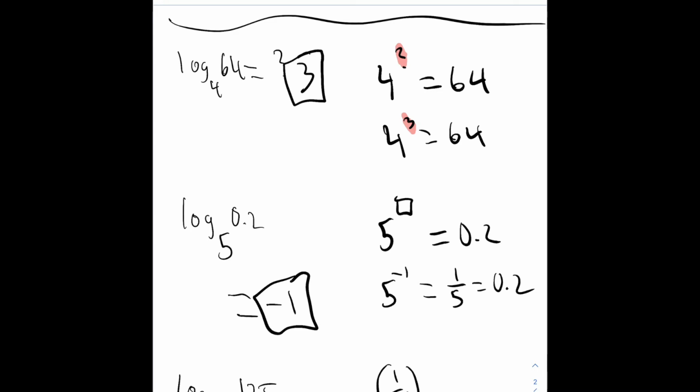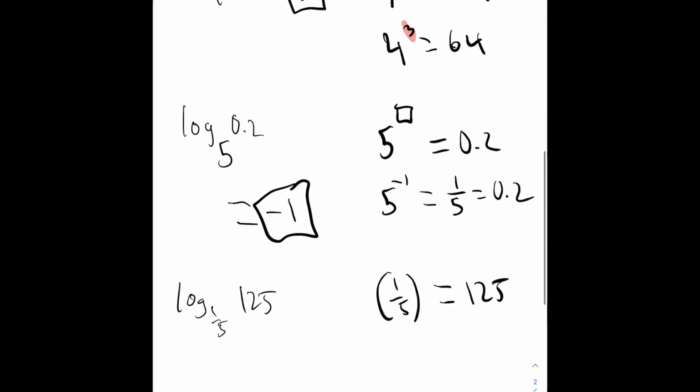Again, thinking what power, if it's 1/5 to what power is going to equal 125. This is that kind of backwards idea where because my answer already is a fraction, I need to use a negative number, because this gives me a fraction of a fraction, which we know to solve, we keep, change, and flip, which gives us 125/1.